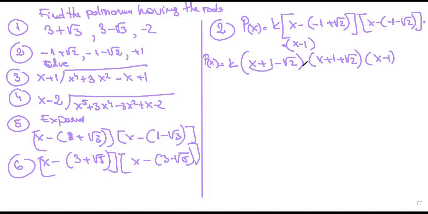So it's a minus b, a plus b, where a is x plus 1, and b is square root of 2. So that becomes x plus 1 squared minus square root of 2 squared, and then times x minus 1. Very good.